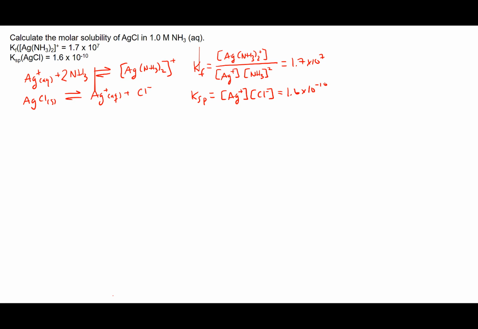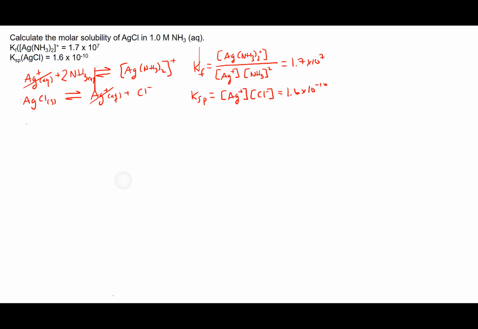Now we can write out what the full reaction is. If we have those two reactions together and we add them up, the silvers are going to cancel, and so you're going to have as your reactants silver chloride solid plus the aqueous ammonia solution forming the silver amine complex plus chloride in solution.